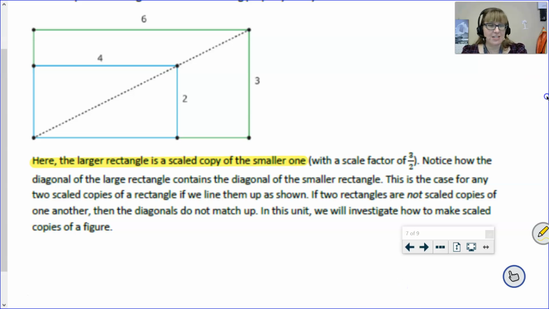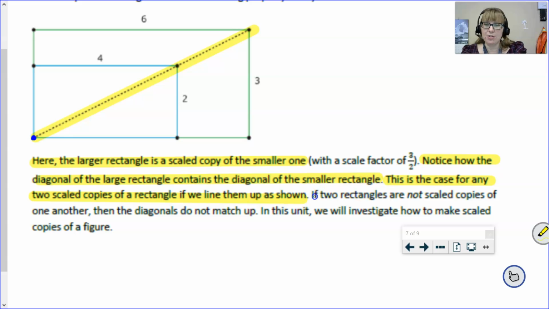Notice how the diagonal of the large rectangle contains the diagonal of the smaller rectangle. Here's the diagonal of the large rectangle, and in tracing that out, I also traced out the diagonal of the smaller rectangle. This is the case for any two scaled copies of a rectangle as long as we line them up as shown. Here's that hint. This would be the center of dilation.